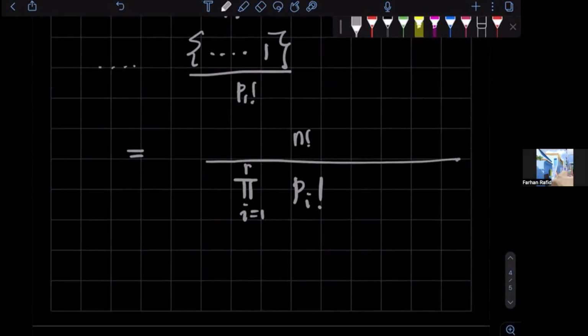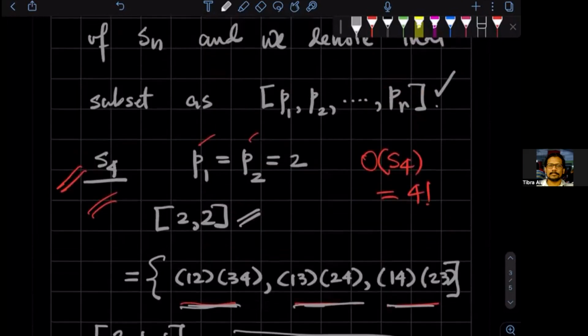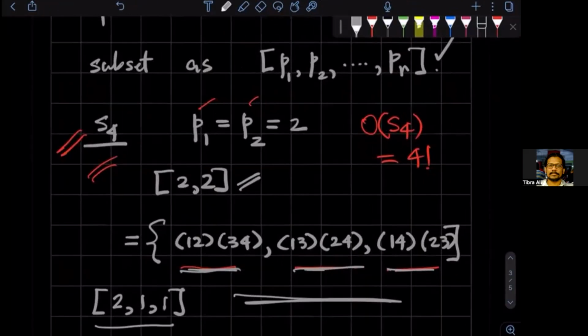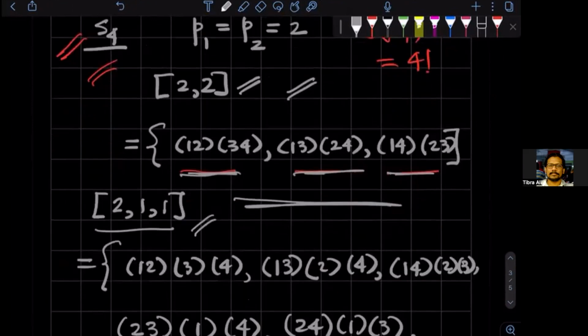Would you please explain what's the difference between P2 equal to P2 and here where something is greater than something? I mean, the P's are not equal. Yeah, right. For example, here we chose where the two subsets are equal, right? Here we chose them being unequal.